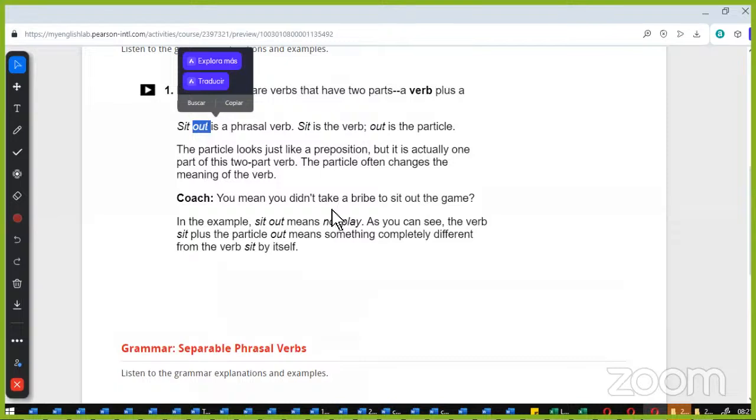So basically, it means to give up any action. Sit out: wait to finish or wait without taking any action. So that would be like a dance or a game or something like that. Like refrain from participating in something. That would be the meaning. What else? I'm not sure. This is something that is not used very often.